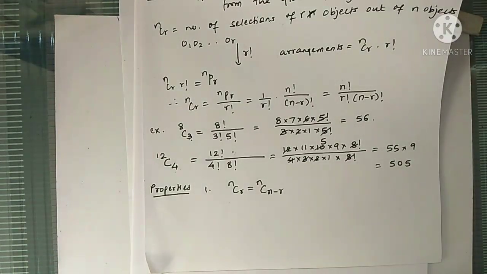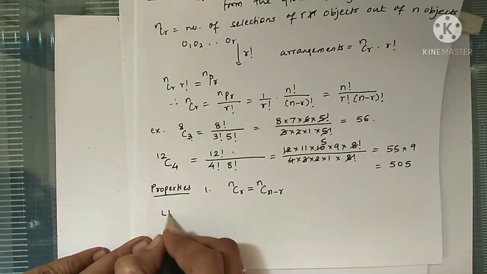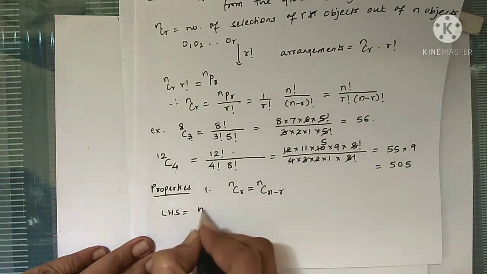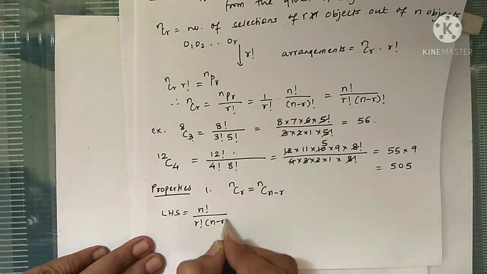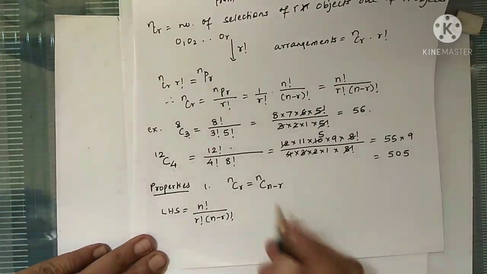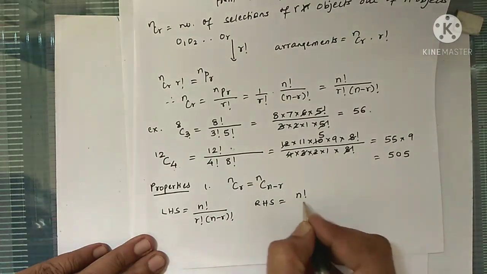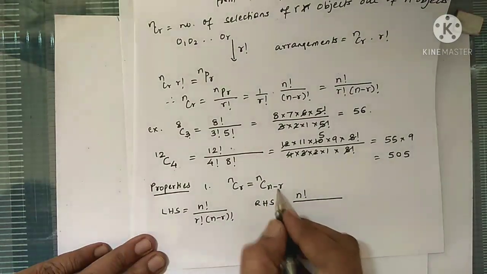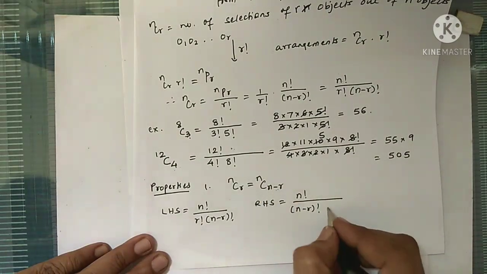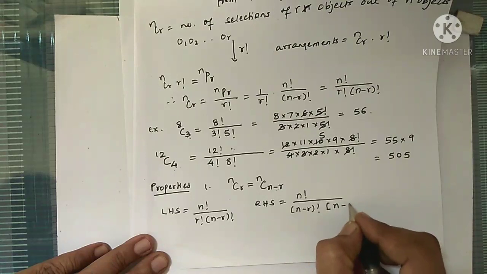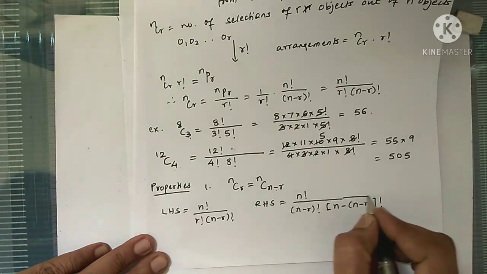First property is nCr equal to nC(n minus r). Left hand side, the formula is n factorial upon r factorial into (n minus r) factorial. And the right hand side is n factorial. Then we have to write factorial of this term and then factorial of the difference. So it is n minus, we have to put a bracket for n minus r.